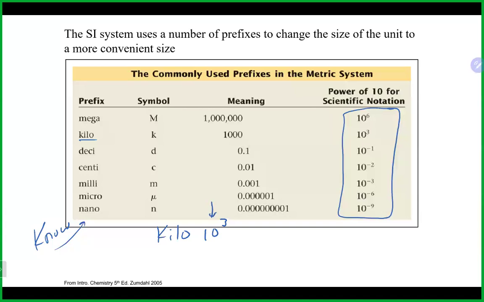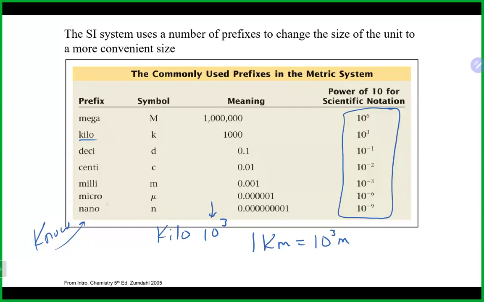And you want to make sure that you do it correctly. So that 10 to the 3 represents how much there is in the base unit to one of the prefix units. So 1 kilometer would be 10 to the 3 meters. So again, basically 1 times 10 to the 3 meters. That is the correct way to do that.